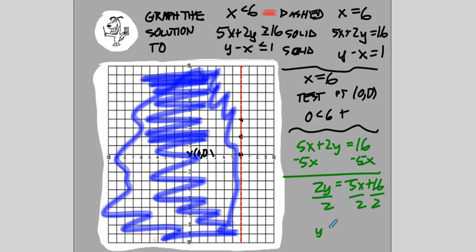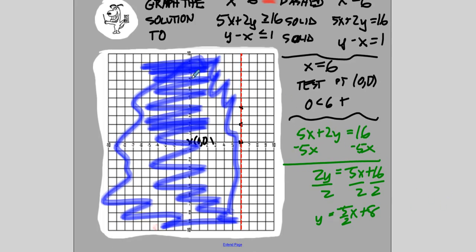So y equals negative 5 halves x plus 8. So the y-intercept is 8, which is right here. The slope is negative 5 halves, so I go over 2 and down 5, over 2 and down 5. Okay, and that is a solid line.